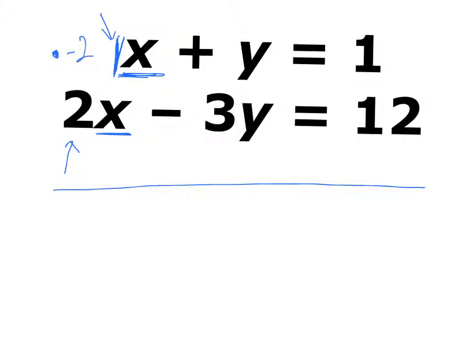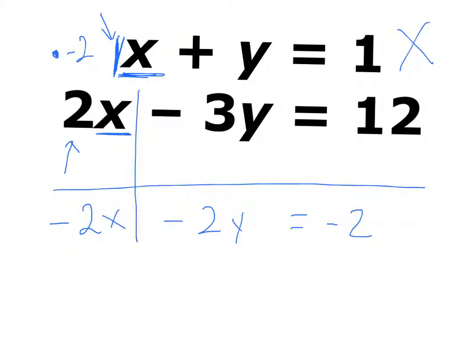Okay, so let's do that. So we have -2 times x, which is -2x. -2 times y would give us -2y. And -2 times 1 is -2. So we no longer need this equation anymore. We're going to add these two equations on the bottom.